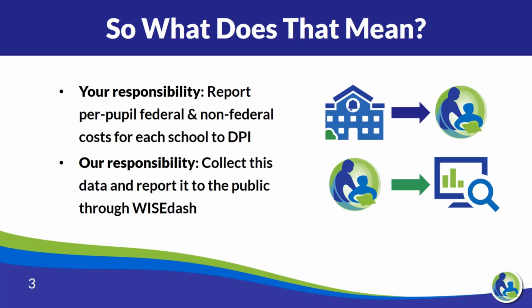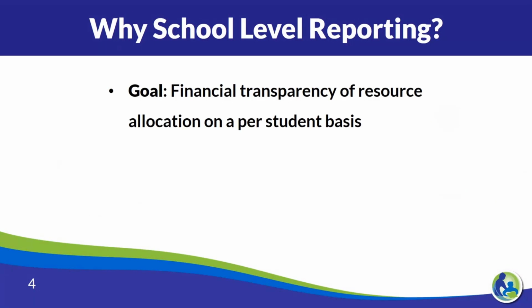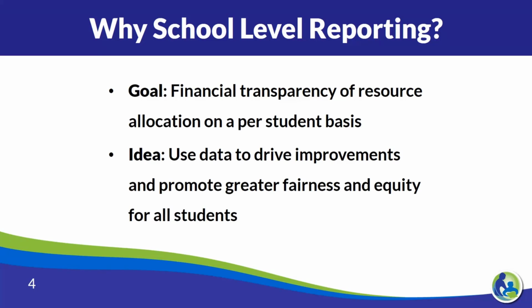The U.S. Department of Ed has been collecting this information from state websites and will have a national database available as well. The goal of this requirement is to promote financial transparency of how resources, i.e. dollars, are being allocated to schools on a per student basis. The idea is that data can be used to drive improvements and promote greater fairness and equity for all students.